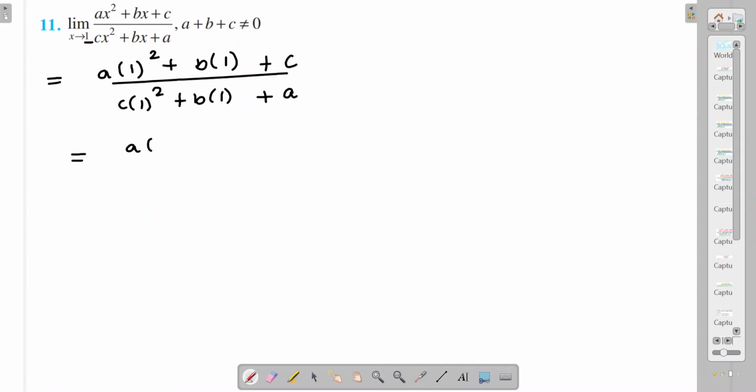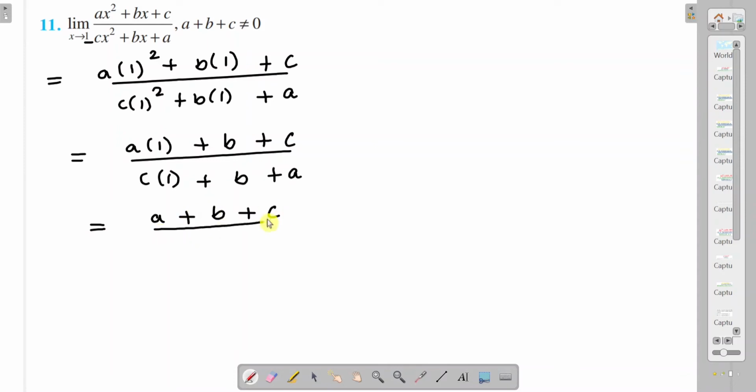So that is nothing but a times 1 plus b plus c, divided by c multiplied by 1 square, which is c, multiplied by 1, plus b plus a. So this will be equal to a plus b plus c divided by a plus b plus c. So both numerator and denominator will get cancelled. We will get 1. So this is the answer.